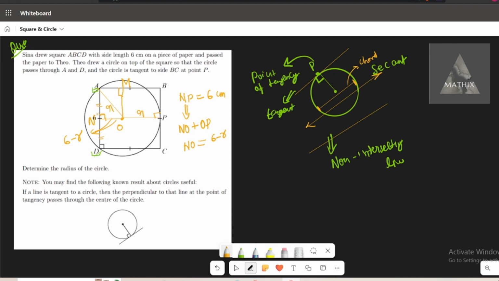So if it is bisecting it and AD is equal to 6, we can say that AN is 3. So if this is 3, you can see one thing over here. This is our A, this is N, and this is O. AO is R, NO is 6 minus R, and AN is 3. So we can apply the Pythagoras theorem.